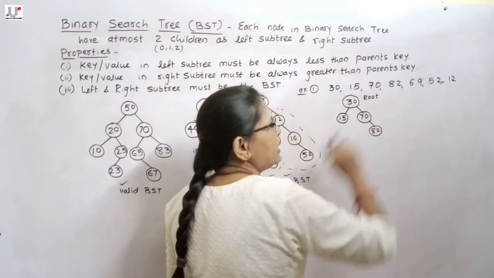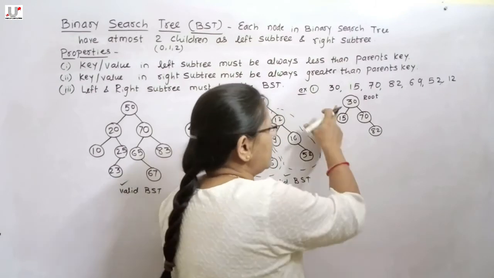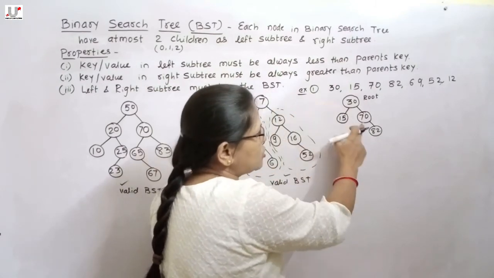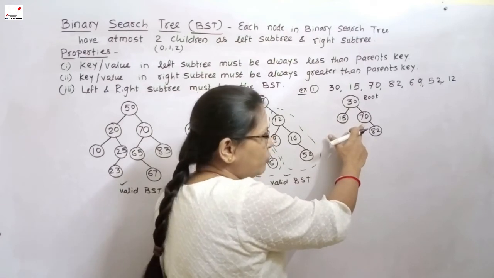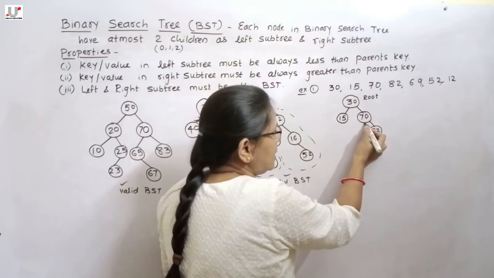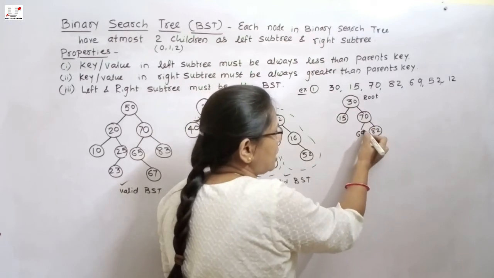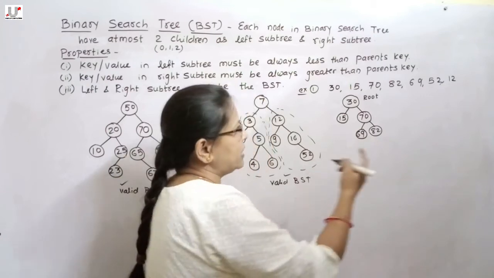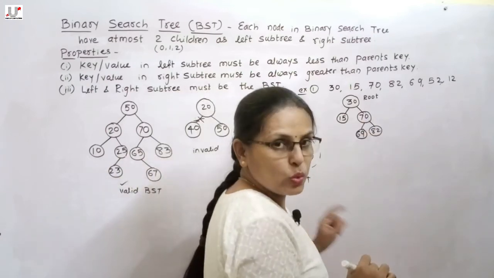Then the next element is 69, which gets compared with the root first. It is greater than 30, so move to the right. It is smaller than 70, so 69 gets attached as the left child of 70.